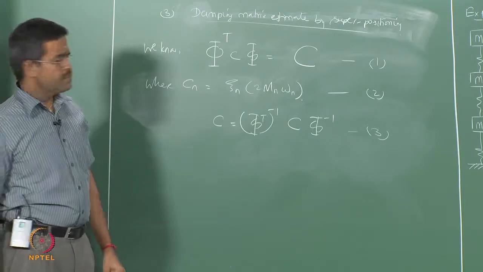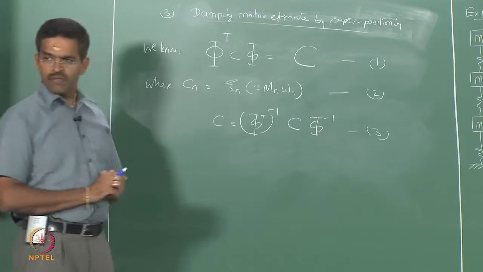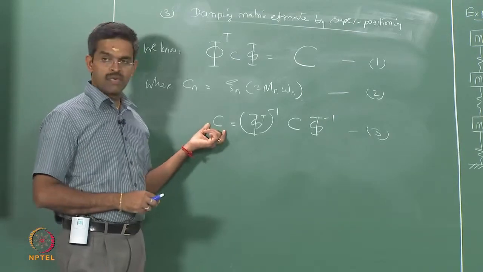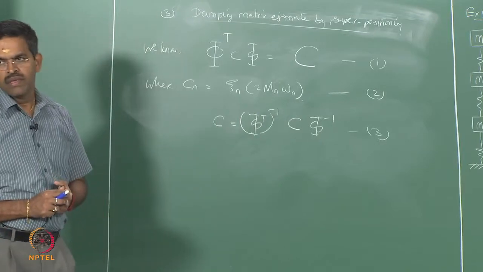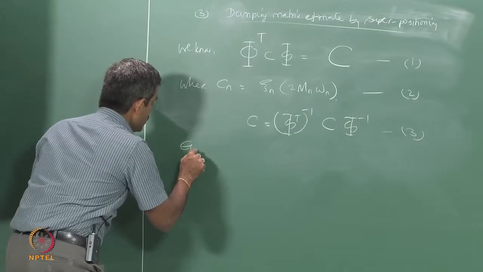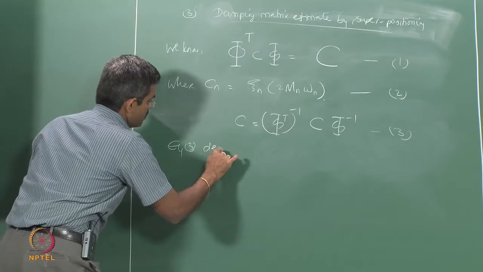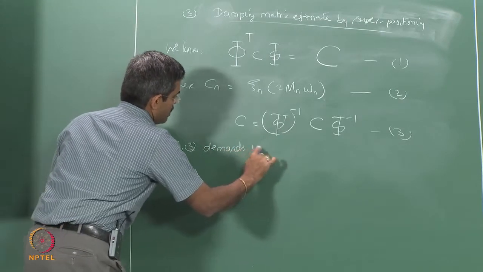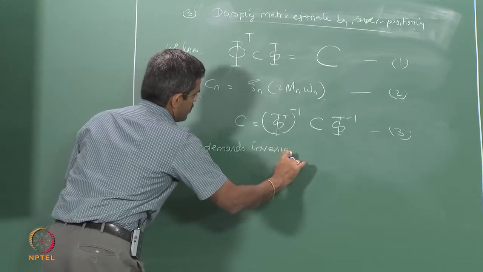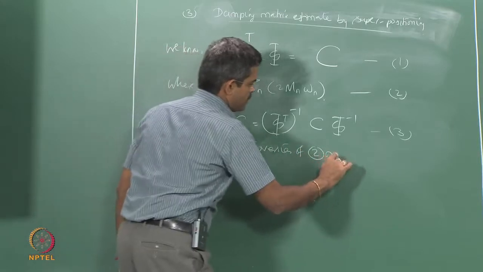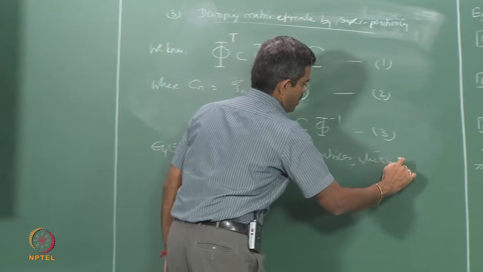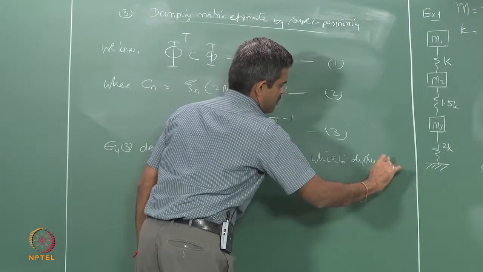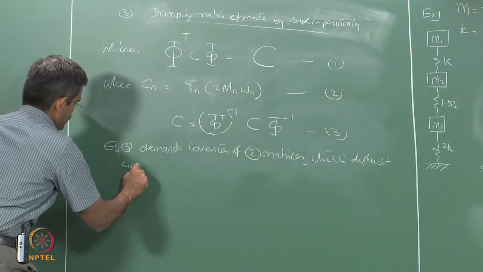Now interestingly, if you look at equation 3, it is very difficult to work out the matrix because you have got to invert two matrices. Equation 3 demands inversion of two matrices, which is computationally difficult.